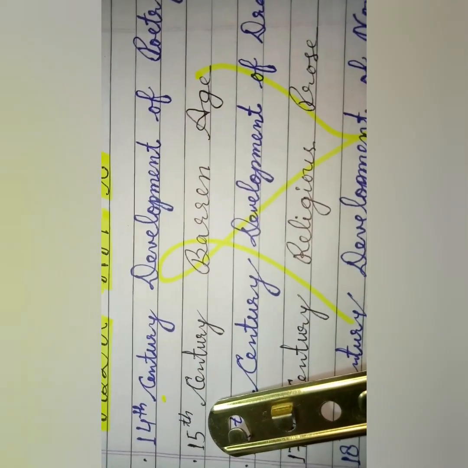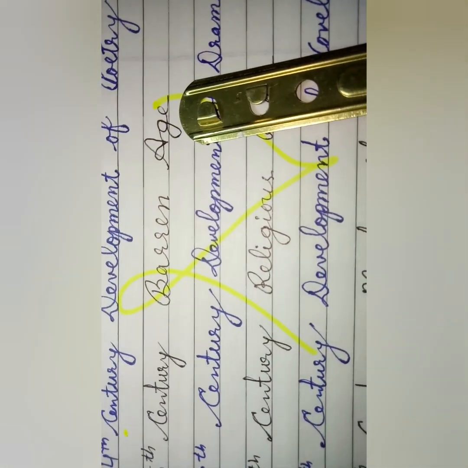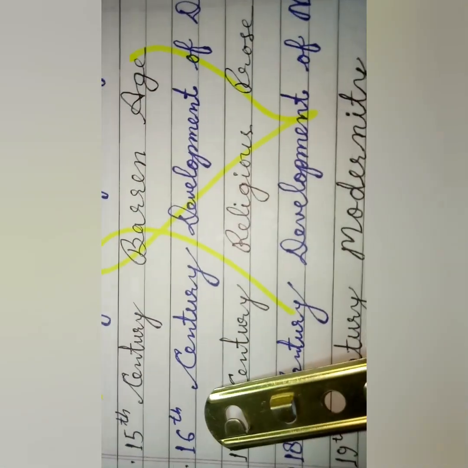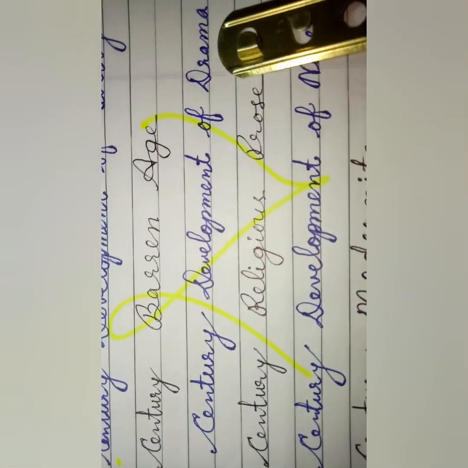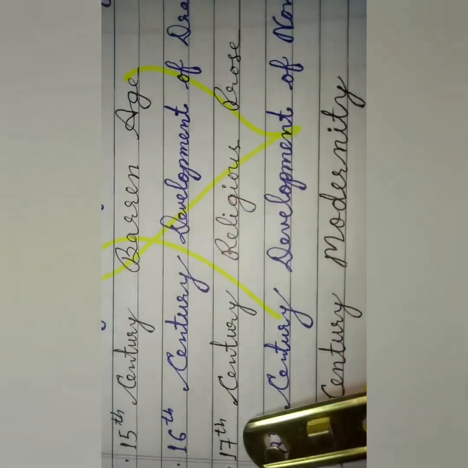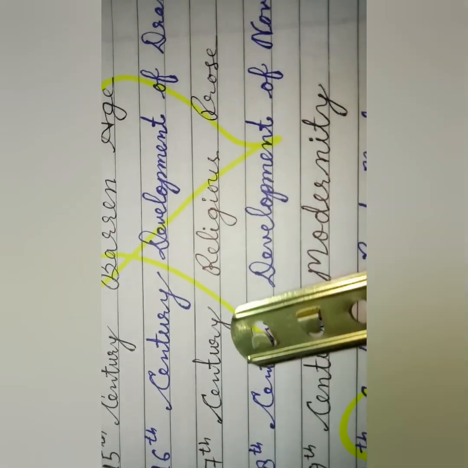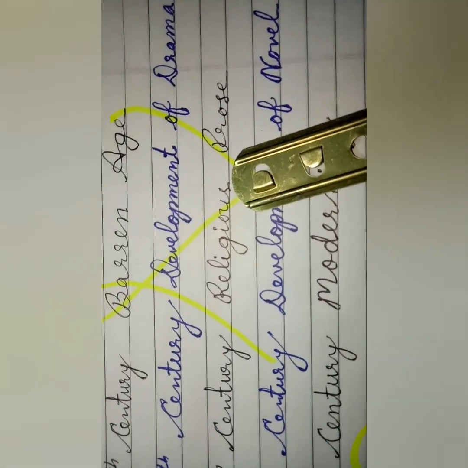The 15th century belongs to the barren age. The 16th century belongs to the development of drama. The 17th century belongs to religious prose.